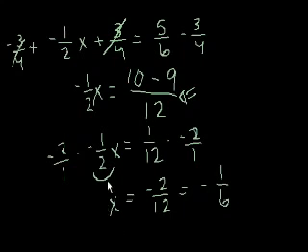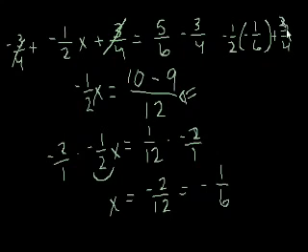Well, let's check that just to make sure we got it right. Minus 1 over 6. The original problem was minus 1/2 x plus 3/4, so here we can substitute the minus 1 over 6. I just wrote only the left-hand side of the original problem.